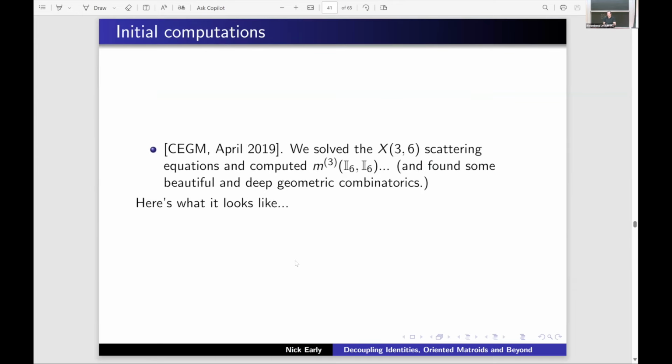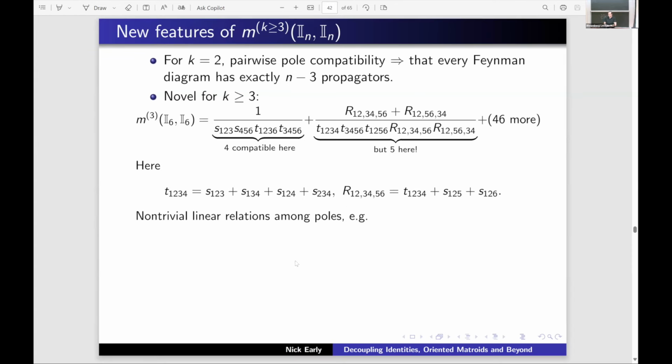So I want to show you what this looks like first for 6 points at k equals 3. What are the new features? Well, for the usual phi cubed amplitude, you have this pairwise planar compatibility, a refinement diagram, and every Feynman diagram associates to the amplitude n-3 propagators.